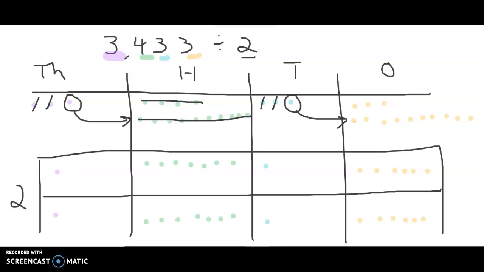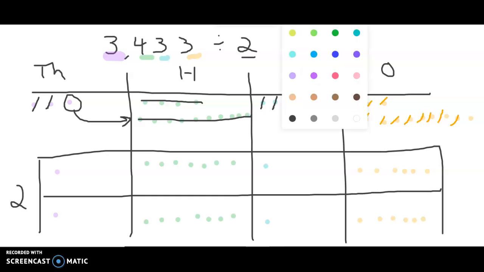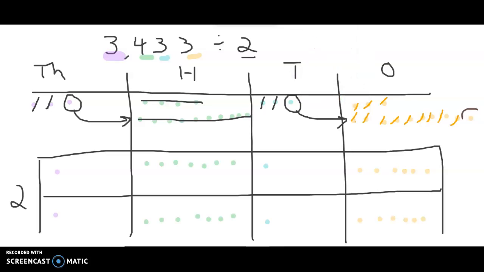I notice that if I put 13, my groups will be uneven. Right now I have 6 in each group. And I notice that I have 1 left over that I cannot divide evenly. That is going to be called my remainder. Your remainder is what's left over.